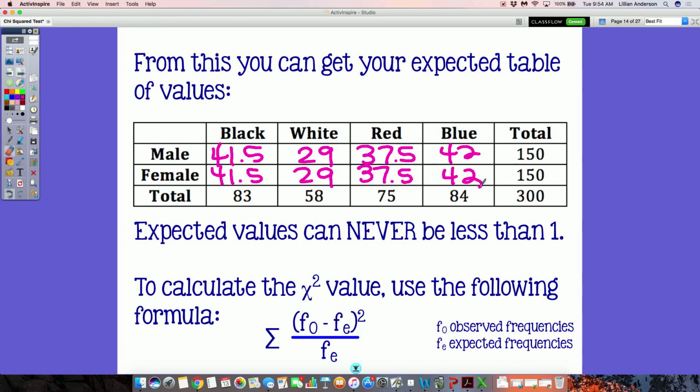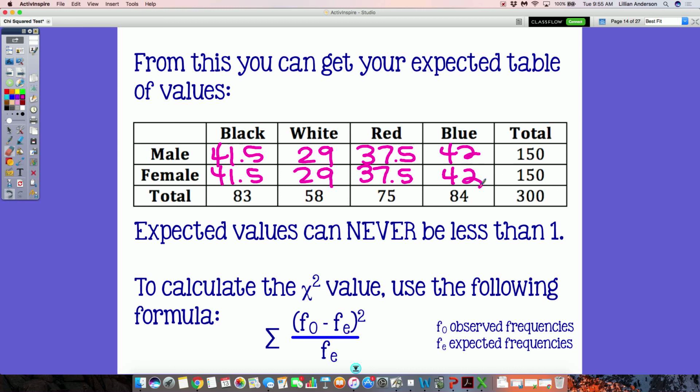Expected values can never be less than 1. That is major. If an expected value is less than 1, which will never be for your test, but let's say for a project or for your IA, that means that you need to condense 2 columns. Otherwise you'll end up running into inaccurate results. What's an example of something that could be less than 1?